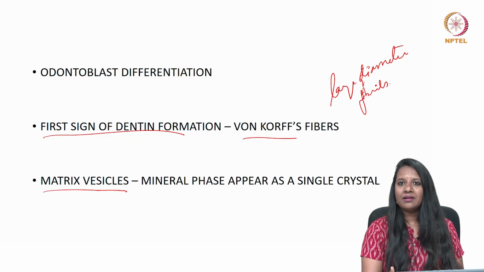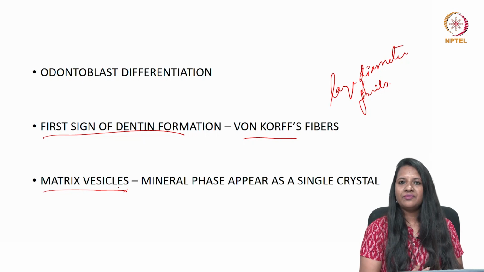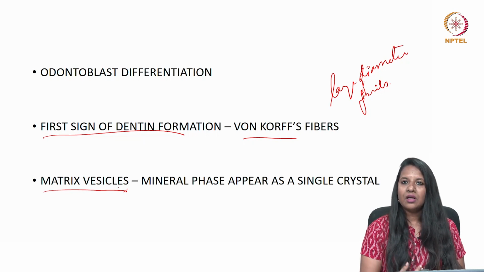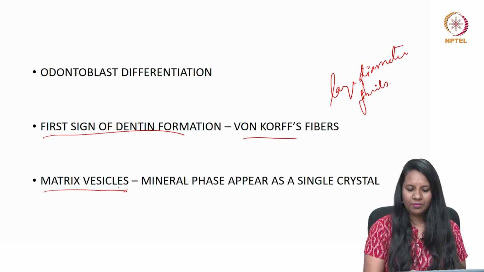Since these are collagen based calcified tissues, they all mineralize with the help of matrix vesicles. So, in this matrix vesicle, the mineral phase starts as a single crystal which will grow inside it, then break the confinement, and it will fuse with the adjacent crystals to form a homogeneous mass. That is how dentin is formed.